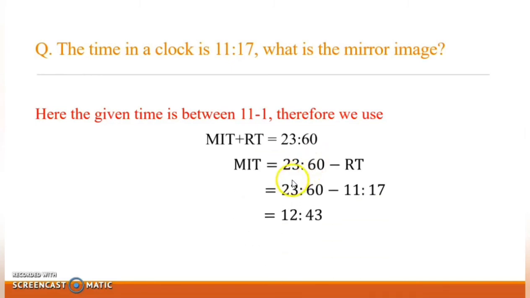On substitution and simplification, it gives me 43 minutes past 12. Therefore, the mirror image time is 43 minutes past 12 when the real time in the clock is 17 minutes past 11.